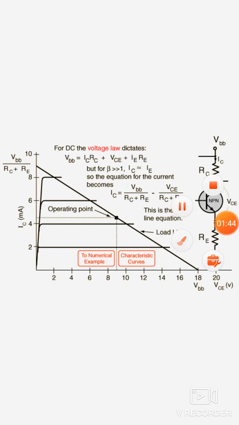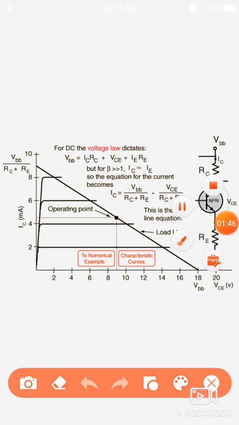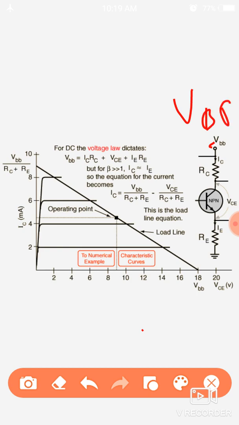Now we would like to explain what is the importance of the load line and how we can find and determine it for a transistor. By applying Kirchhoff's voltage law at this junction, the voltage at this point is taken as VBB. Generally in some examples it is taken as VCC.